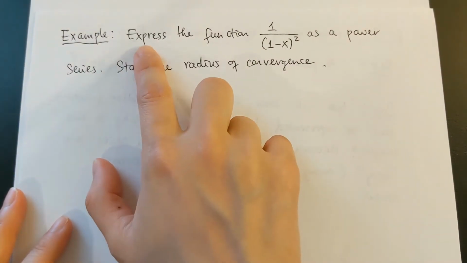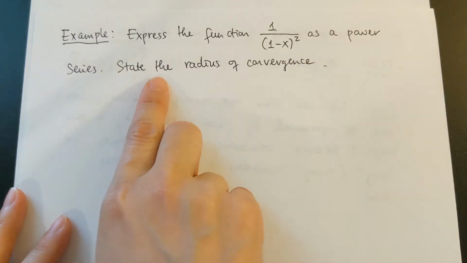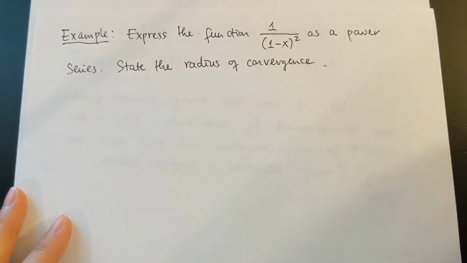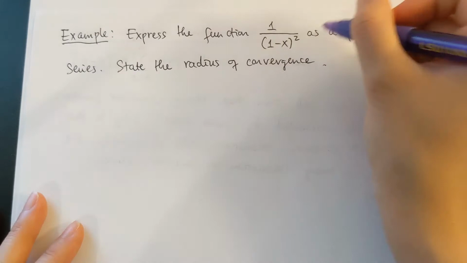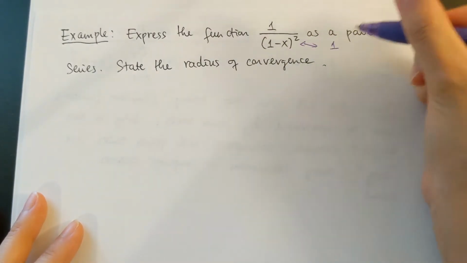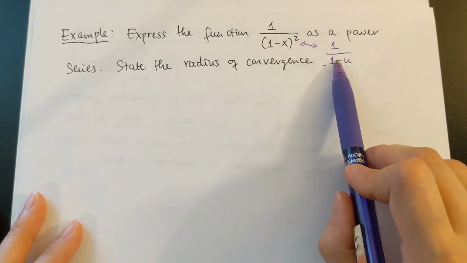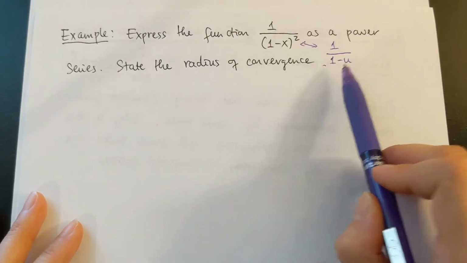Here's an example. I want to express this function as a power series, then determine the radius of convergence. If we had done it the way we did before, we would try to compare this function with the form 1 over 1 minus u.